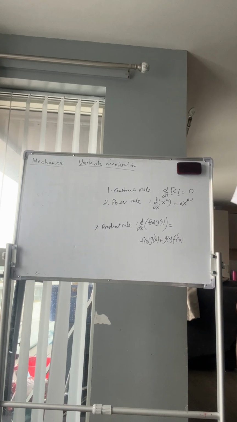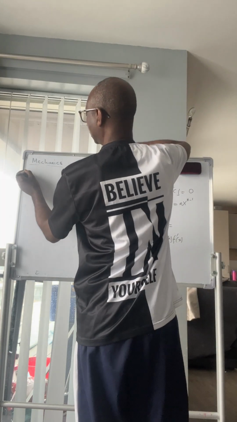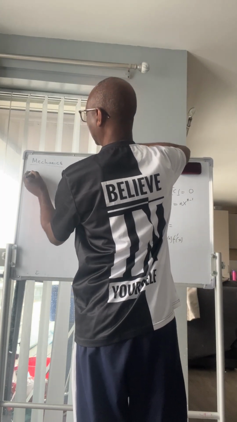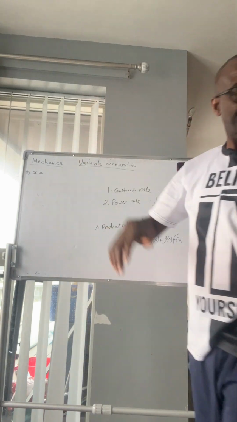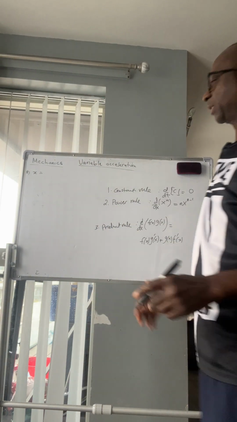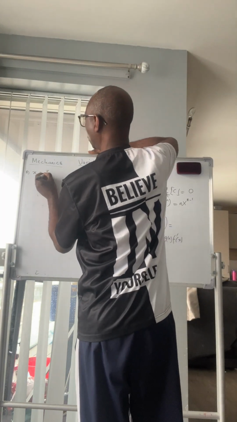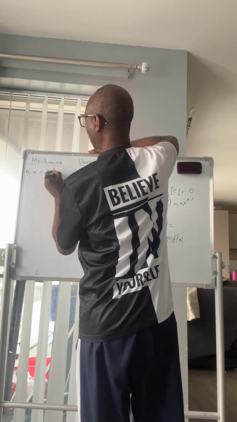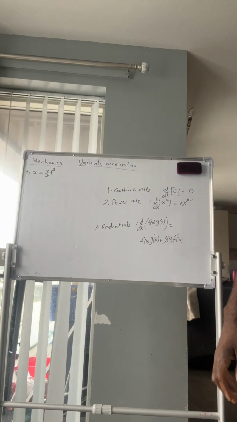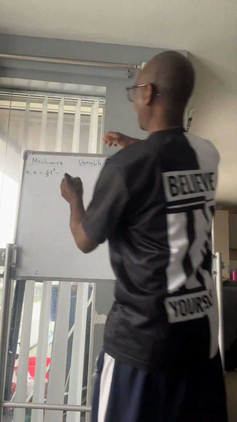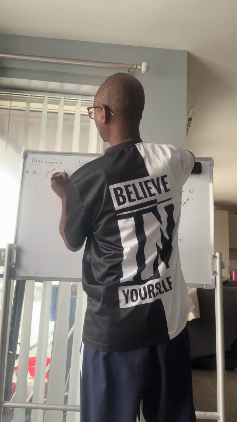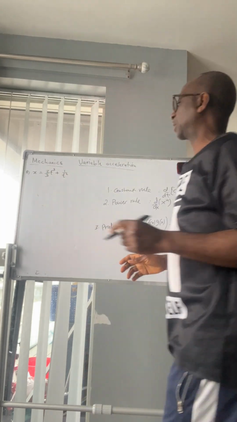And we are looking at a problem that says x equals 2 over 3 t cubed plus 1 over t squared. What are we asked to find?